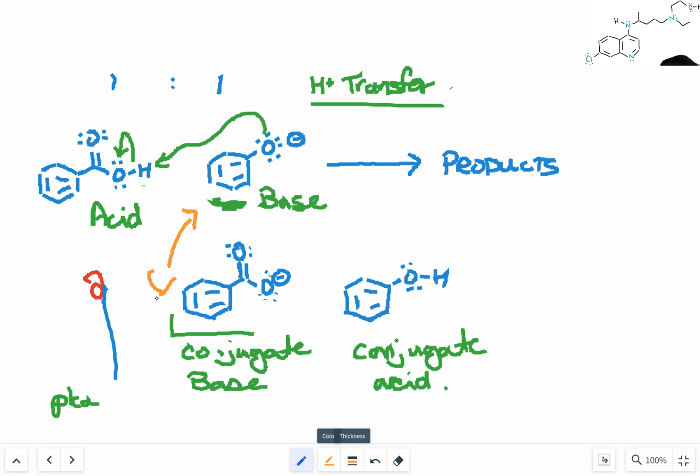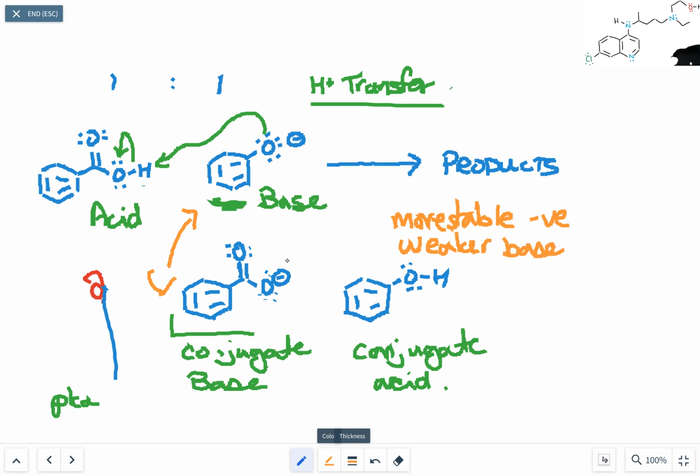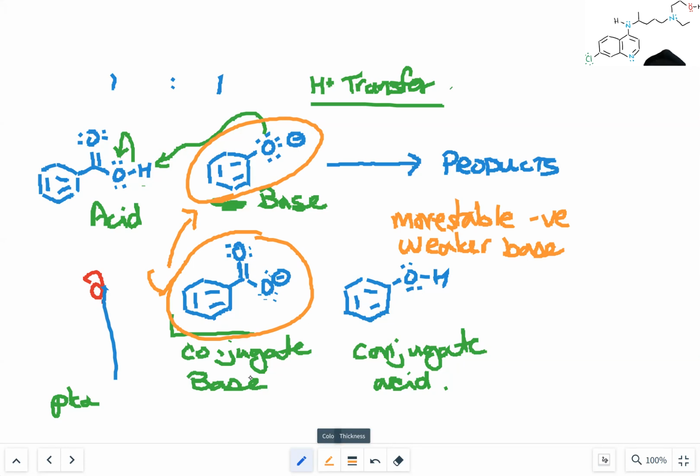Because remember, when it comes to a negative charge, the more stable the negative charge, the weaker the base. So we'd be comparing this negative charge here to this negative charge here. And if the conjugate base is a weaker base than the base, then these should be your products.